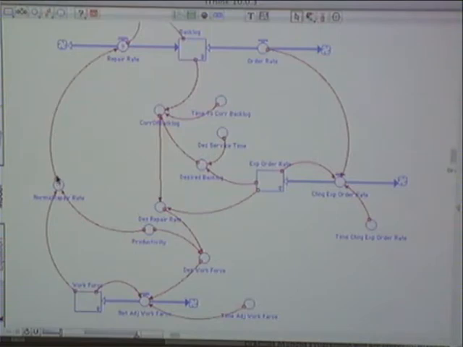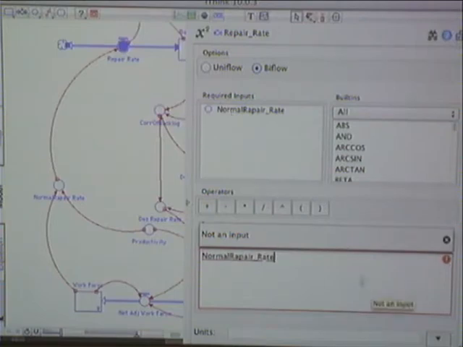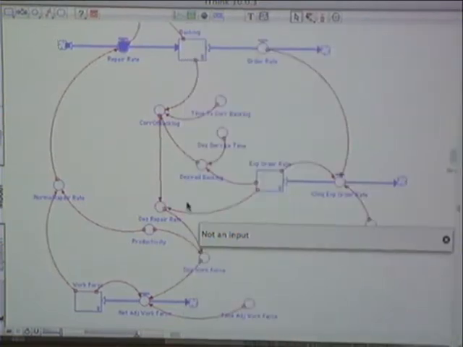So for now, that's just to enable us to introduce overtime later. So in other words, the normal repair rate is no longer this expression here. That was used for the desired repair rate. I used the desired repair rate to calculate how much workforce I needed, desired workforce. I hire the people or fire them to get that workforce. I then define that as the normal repair rate, and now the normal repair rate is equal to the actual repair rate.